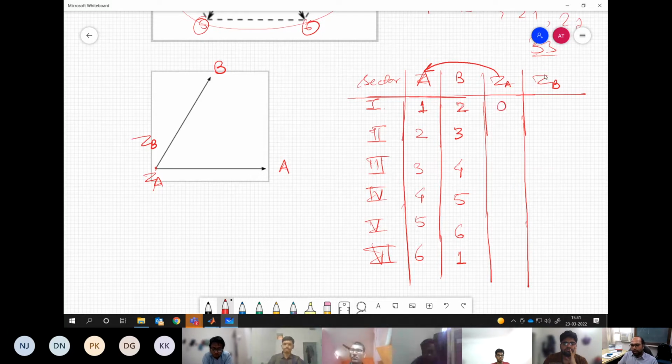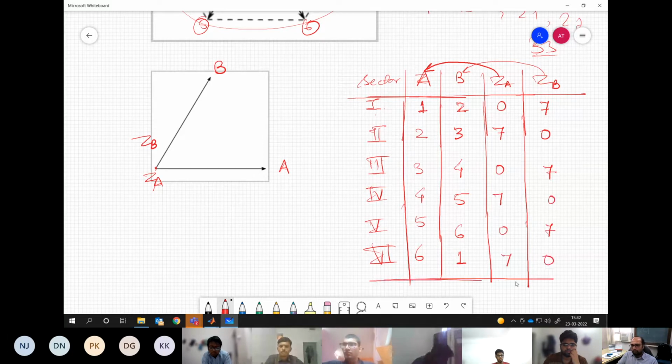And the 0 vector which is closest to the closing vector in sector 1 is basically 7. In the next sector, you will find that these two are flipping. You understand my point? Yes, sir.